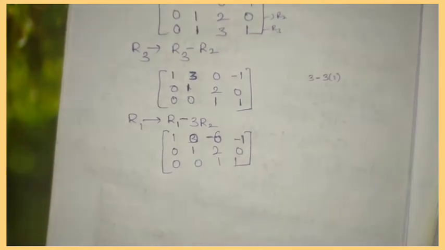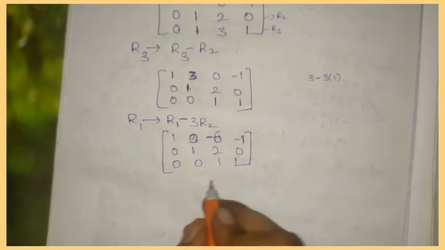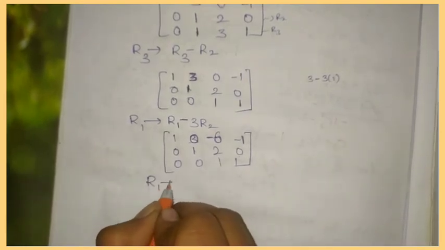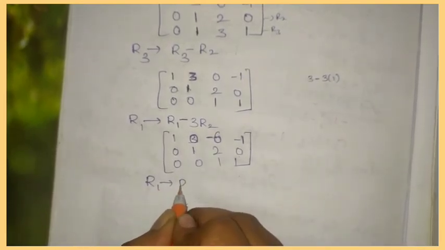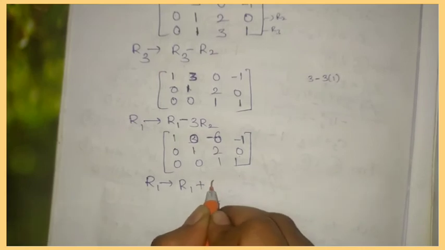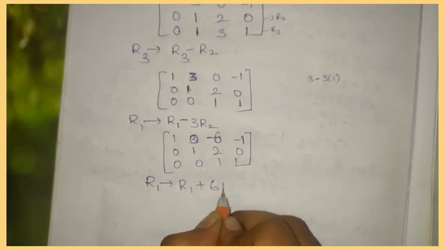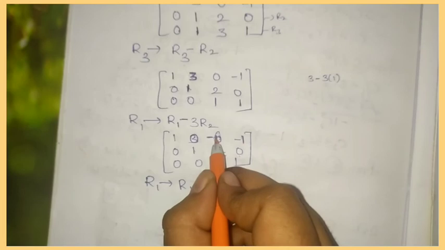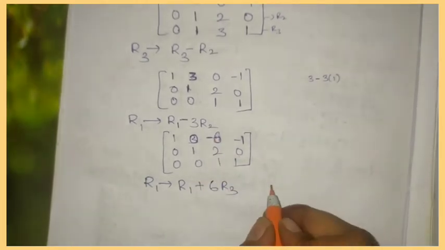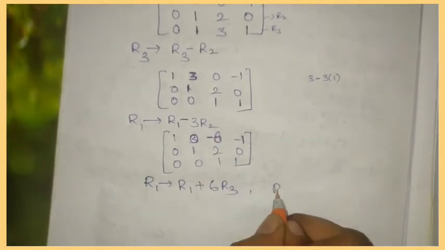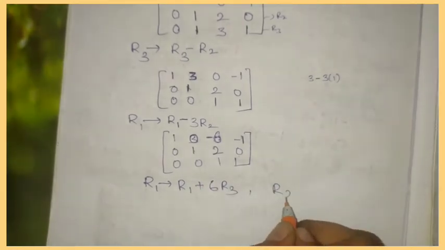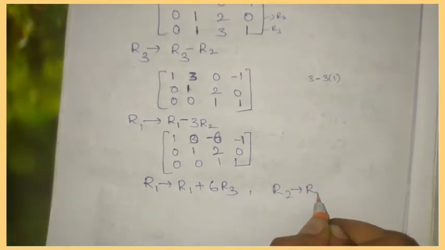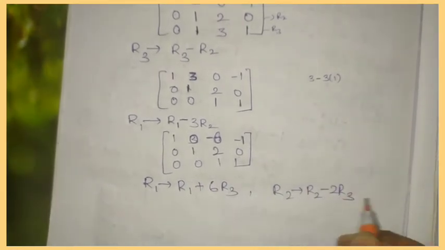Okay, now r1 tends to r1 plus 6 r3. To make it 0, plus 6 r3 we are taking. Next, to make this 2 as 0, r2 tends to r2 minus 2 r3.